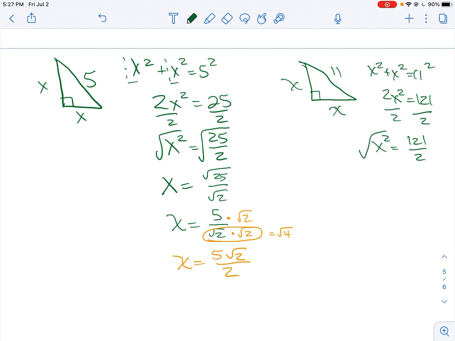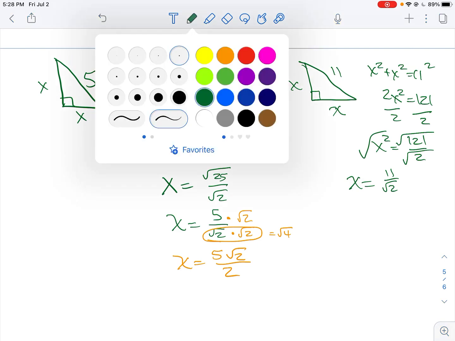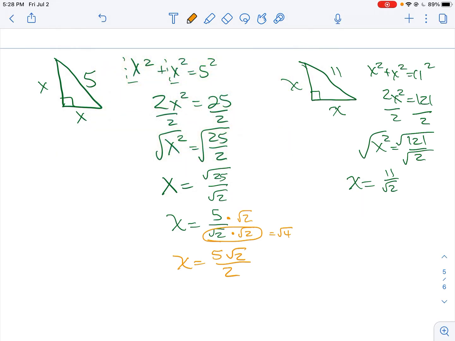So then I'm going to take the square root of both sides, and I'm actually going to write it like this because I'm still taking the square root of both sides. x is going to equal, the square root of 121 is 11. The square root of 2, we don't know. We could approximate, but we don't want to. We want exact answers. So again, I don't want this square root of 2 in the denominator.